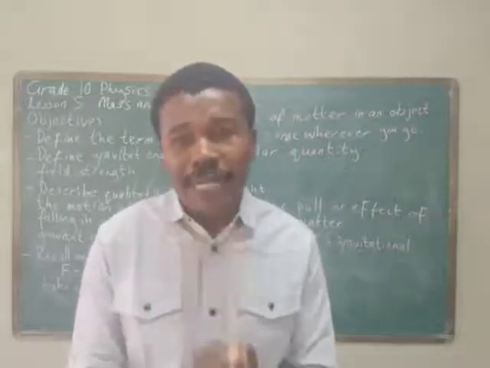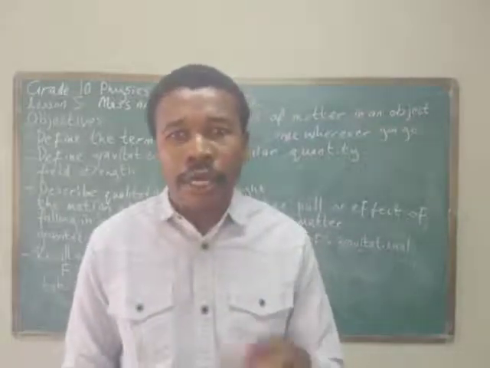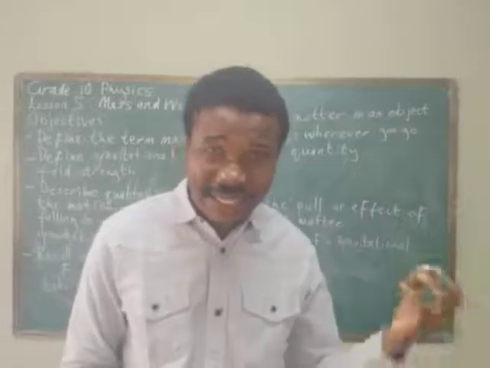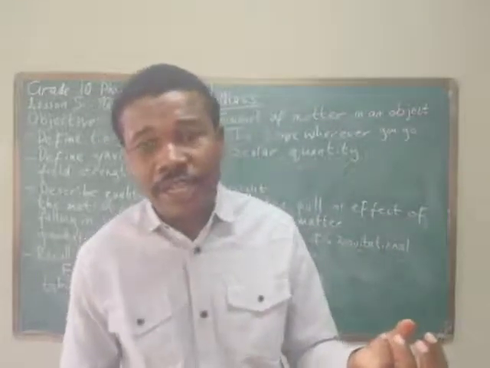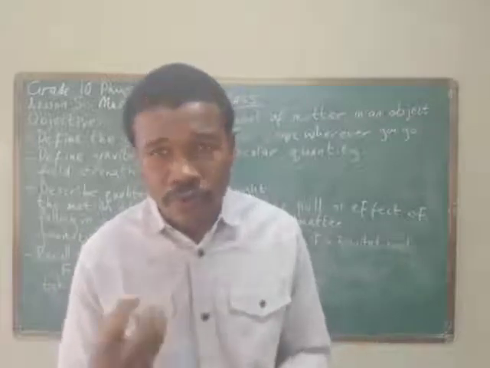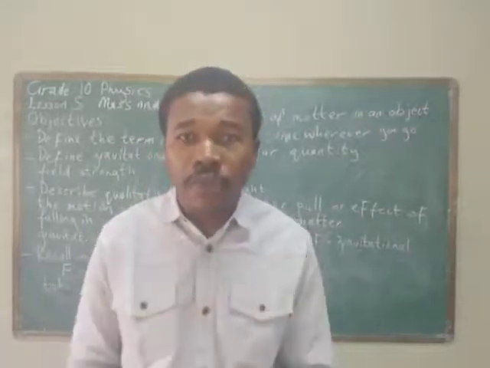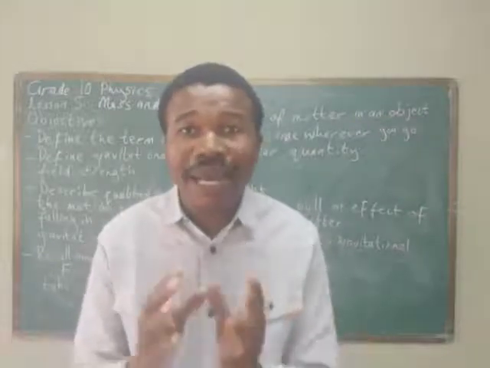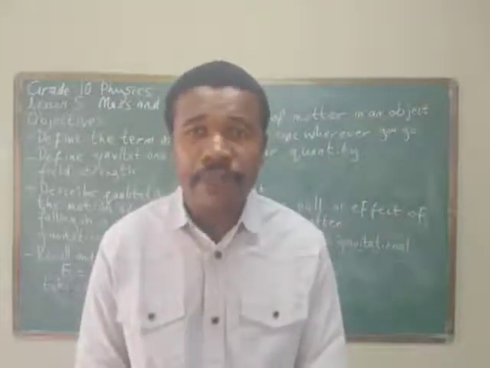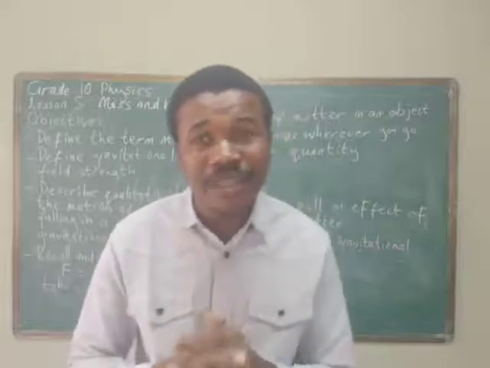So weight now is a concept of the matter that is in the object, but also in relation to the pull of gravity on whichever body that you find yourself on. By body, I'm referring to a planetary body. Okay? To say if you're on Earth, you have a certain weight.